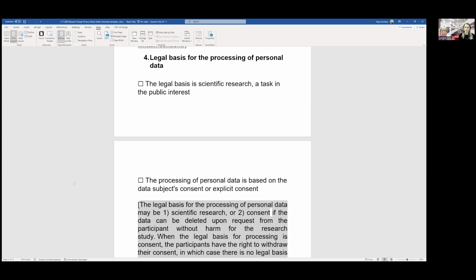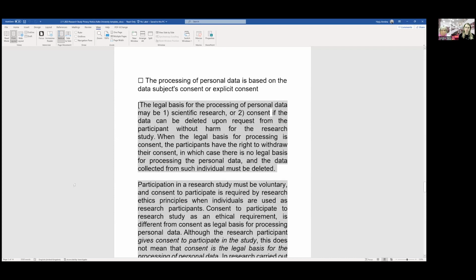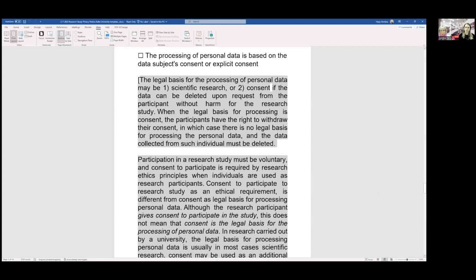Usually we don't use it, because with consent we have the problem that the person can change their mind whenever they want, and consent must be able to be withdrawn as easily as it was given. If the consent is withdrawn, you no longer have a legal basis for the use of personal data.